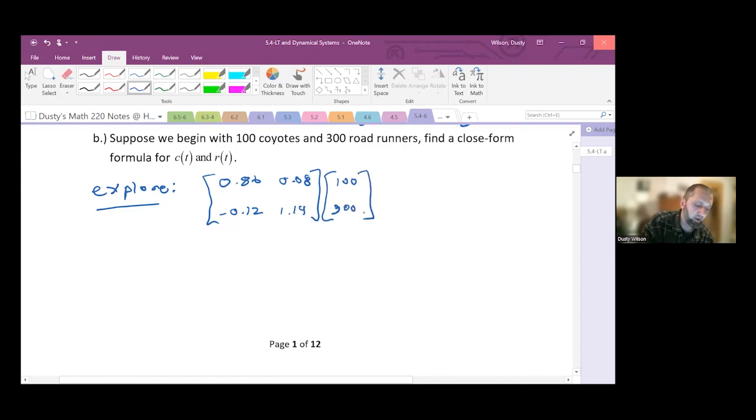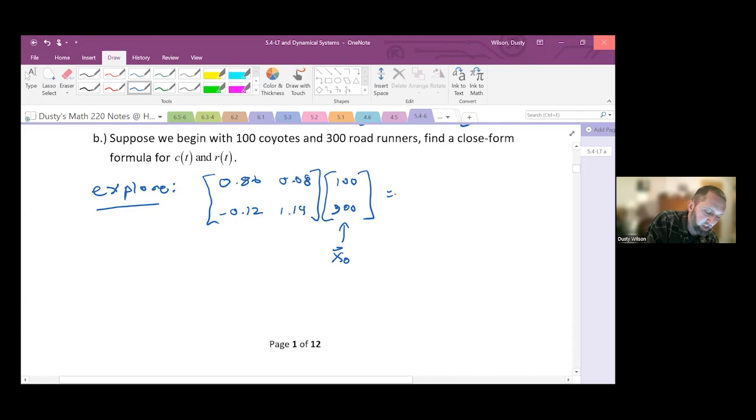And the 100, 300, because this is the C naught, R naught, which forms X naught that we're given.